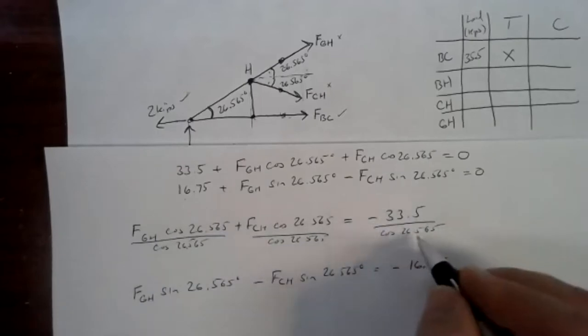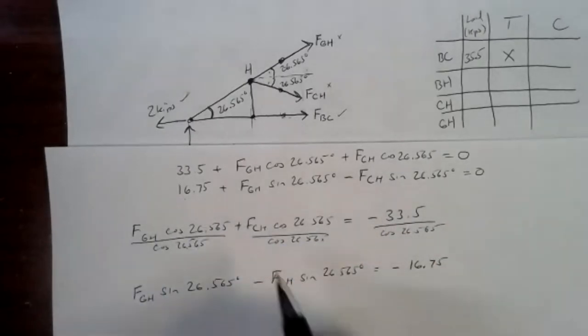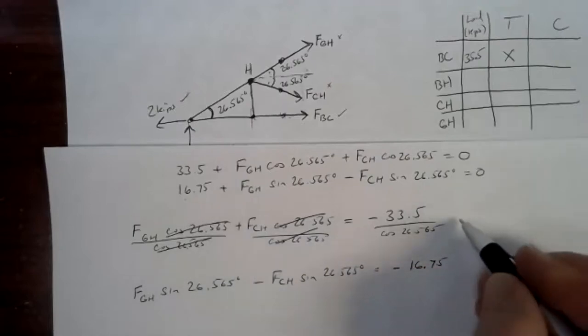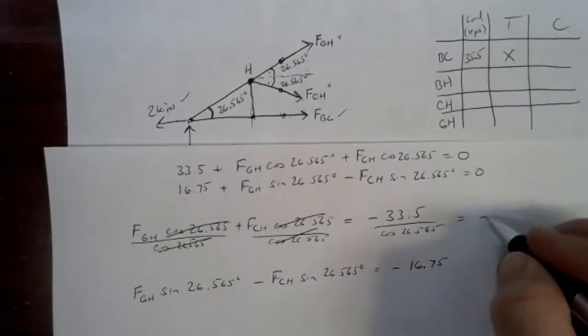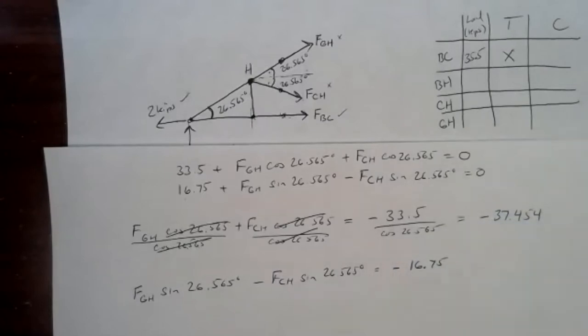It'll make the number ugly, but at least the variables will be nice, because cosine of 26.565 divided by the cosine of 26.565 is 1. Over here, I get negative 33.5 divided by the cosine of 26.565. And if we plug the numbers together on that, we get negative 37.454.